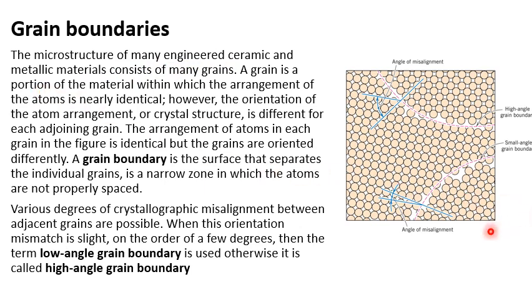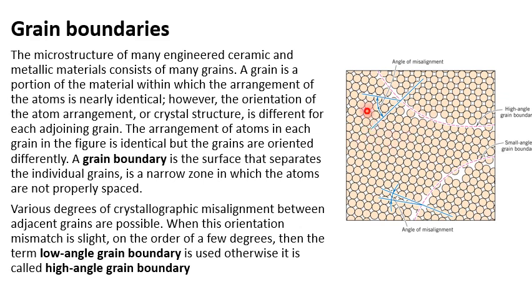We remember from our previous study that most metallic materials consist of many crystals or many grains with different orientations. Grain boundaries are the area between two adjacent grains with different orientations or different arrangement of atoms.